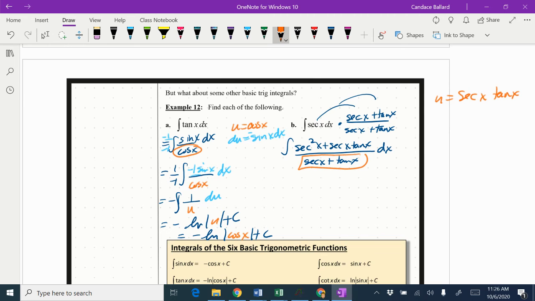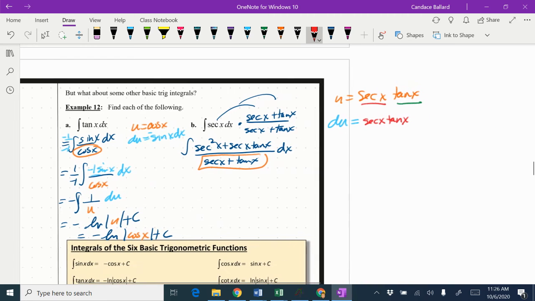So u is going to be secant x tangent x. So that means du, I am going to be using the product rule.